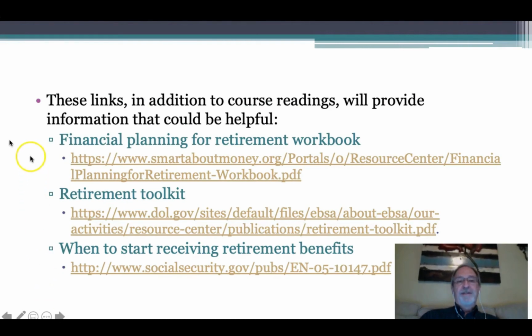As you do this assignment, these are several really helpful tools. The first one is from an extension service, something I forgot, Michigan State, I think it is, not sure. The others are government sites that are related to retirement. So again, some excellent sources that will be very helpful for you as you do this assignment and as you're looking way ahead toward retirement.